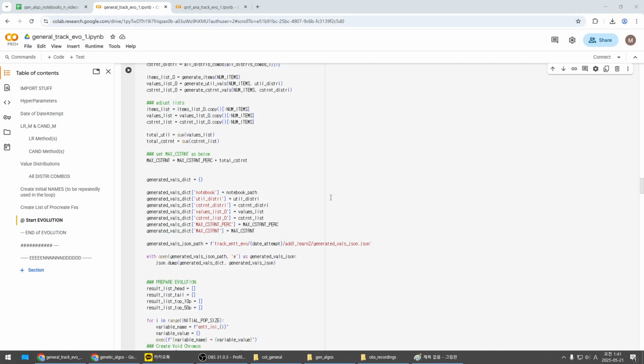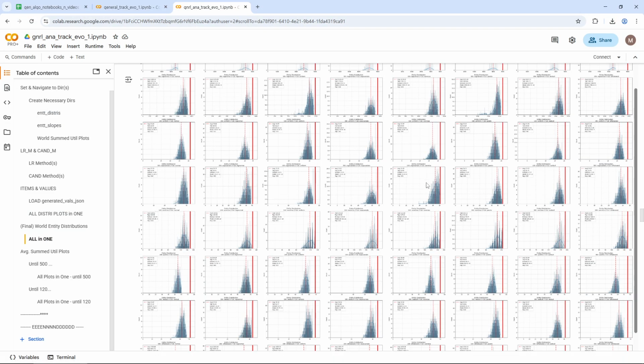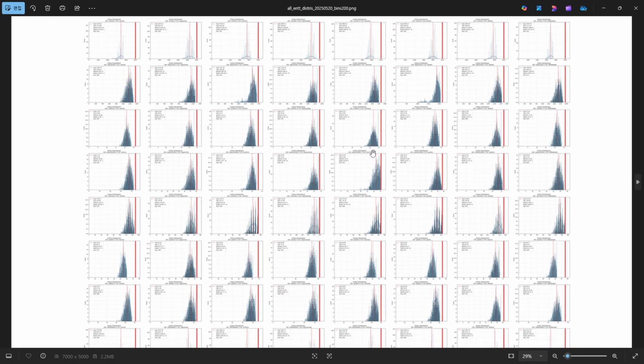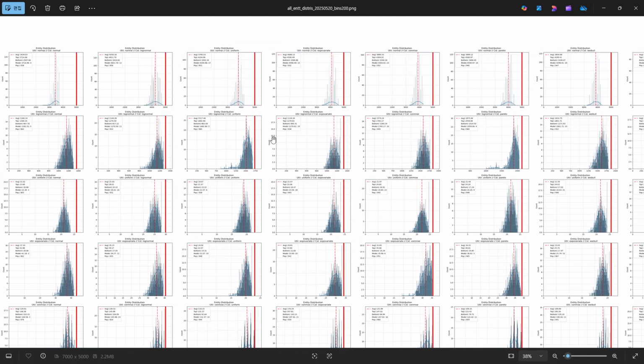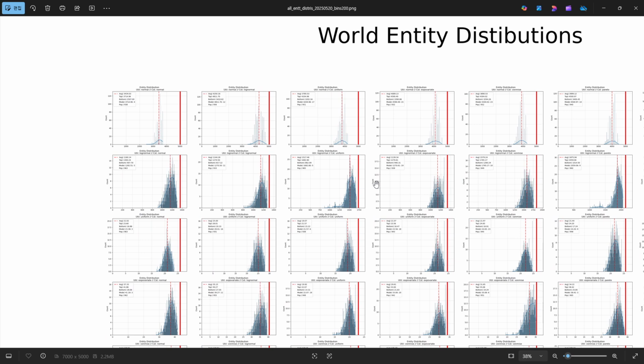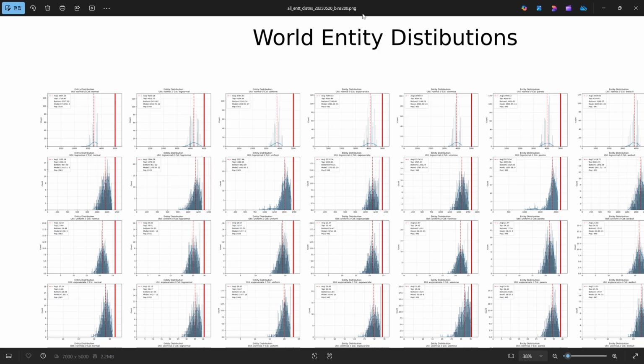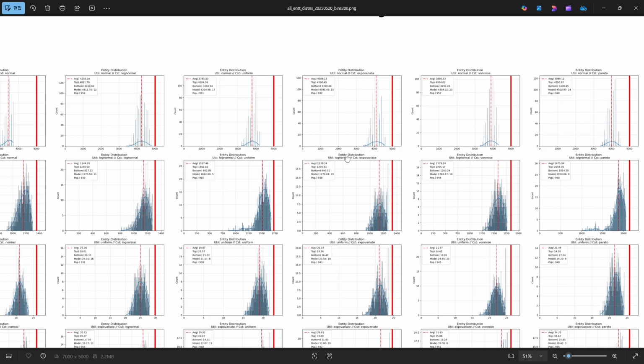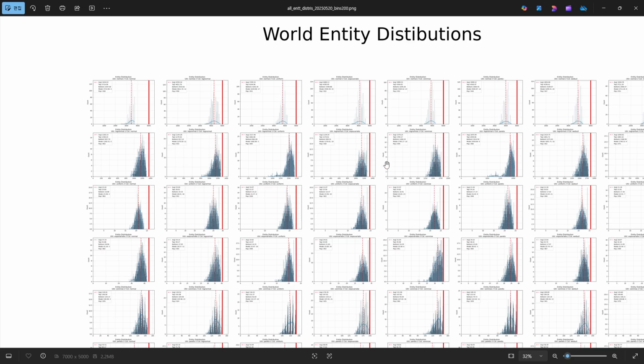With that out of the way, we'll have a look at the final world entity distributions, where I used the Seaborn hist plot for this, and the number of bins was 200, so that the counts don't just stack up too high, so that I can compare with the previous plots.